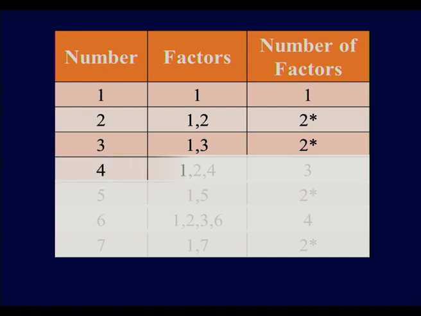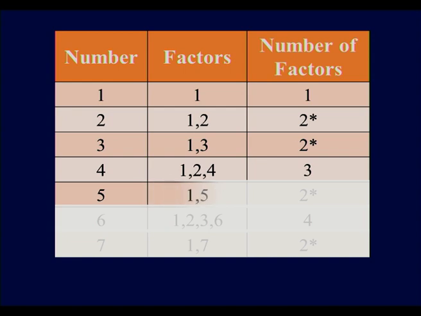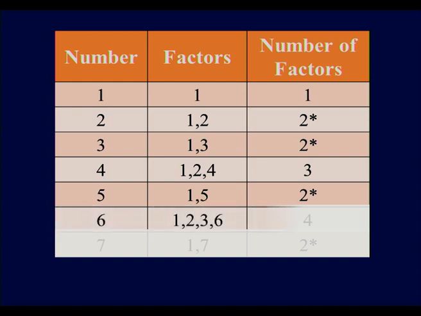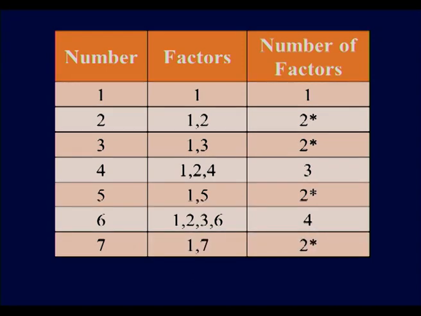Next 4, what are the factors of 4? 1, 2 and 4 and number of factors of the number are 3. Next number is 5, factors of 5 are 1 and 5 and the number of factors are 2. Next, the number is 6, the factors are 1, 2, 3, 6 and the number of factors are 4. The next number is 7, whose factors are 1 and 7, number of factors are 2.